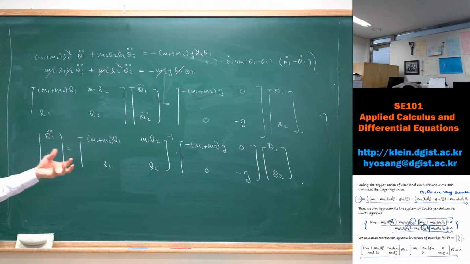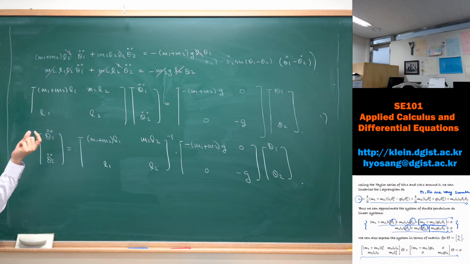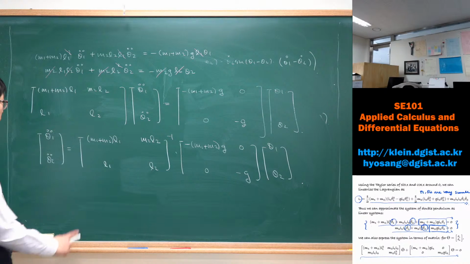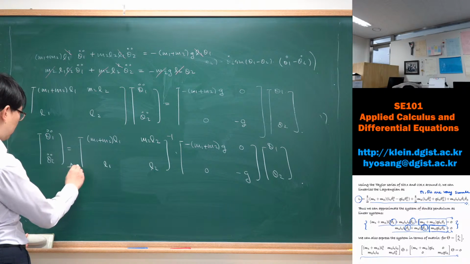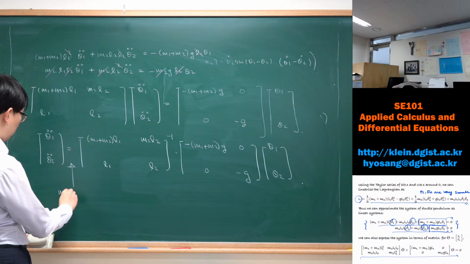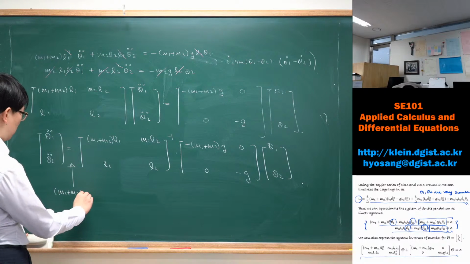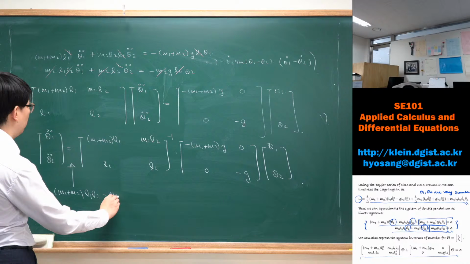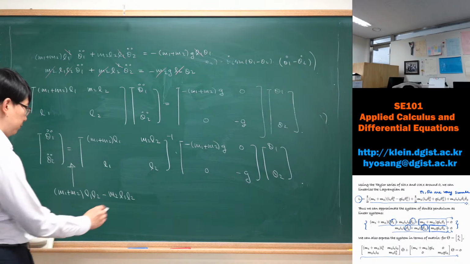And the inverse matrix exists if and only if the determinant is not 0. What's the determinant of this matrix? M1, M2, L1, L2 minus M2, L1, L2.